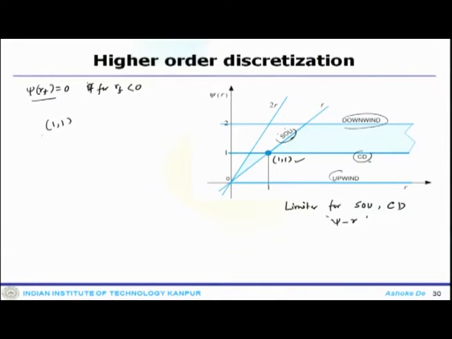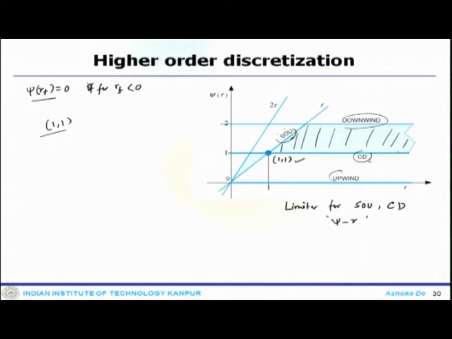So all the schemes which pass through (1, 1) and lie within this border will be second order accurate.